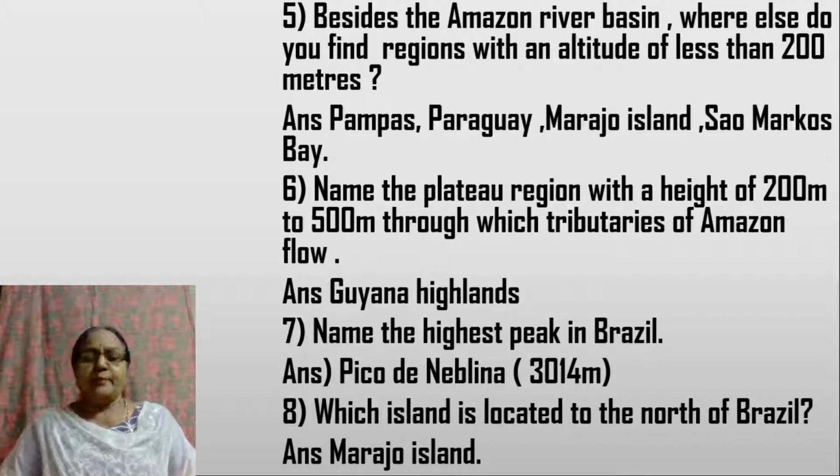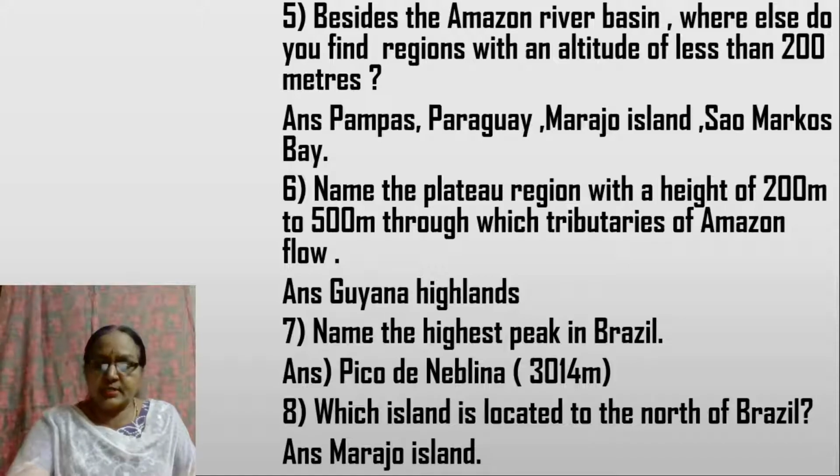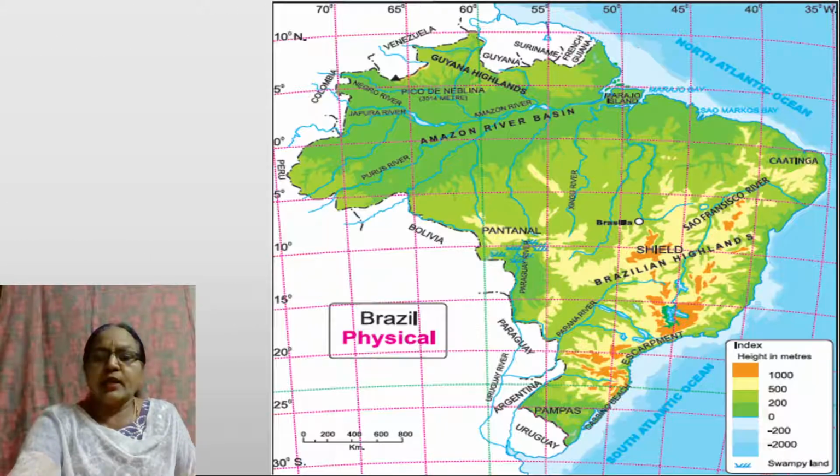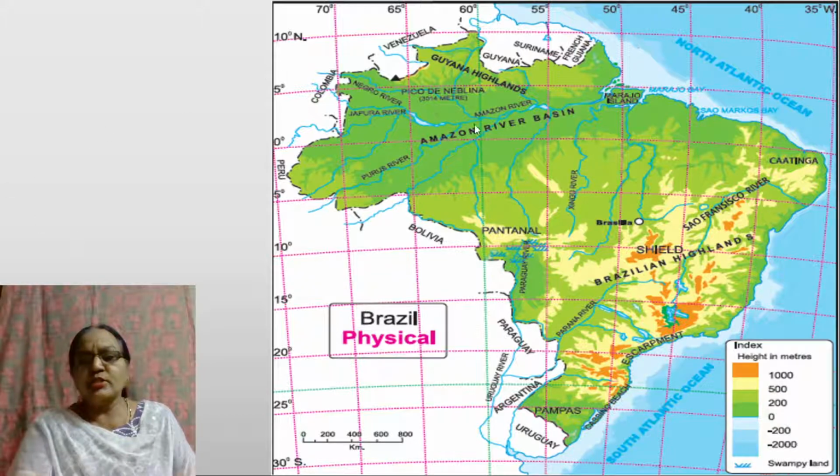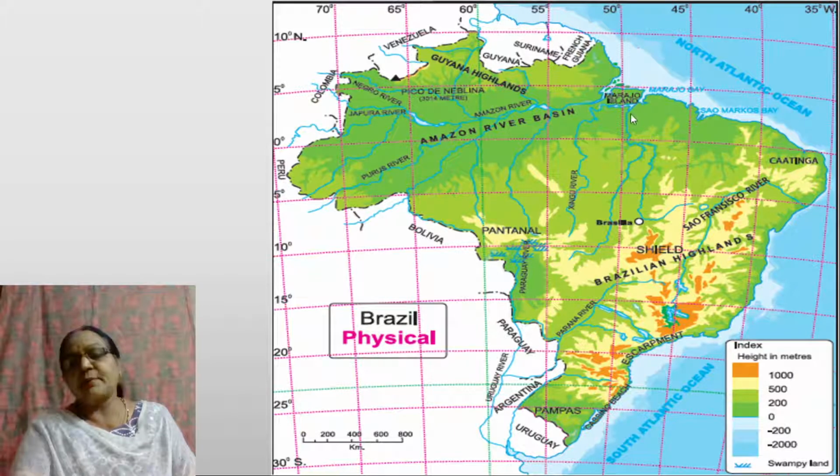Fifth one. Besides the Amazon River Basin, where else do you find regions with an altitude of less than 200 meters? Look at this. This is a green region where you have the Amazon River Basin. You can find it in all these regions, that is the bay, Marajo Island you can see, then the São Marcos Bay also you can see.